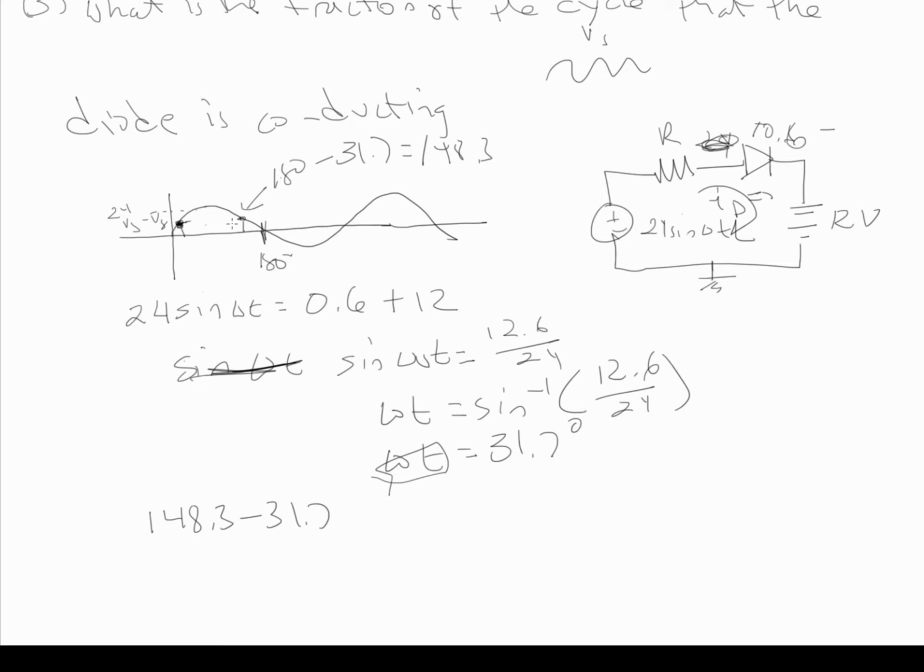So that's this area between the two. And then if we divide that by the total, which is 360 degrees, and times that by 100, we're going to get 32.4%. And so this is the percentage of the time that the diode is actually conducting during a cycle. And so that finishes up example 2.1.